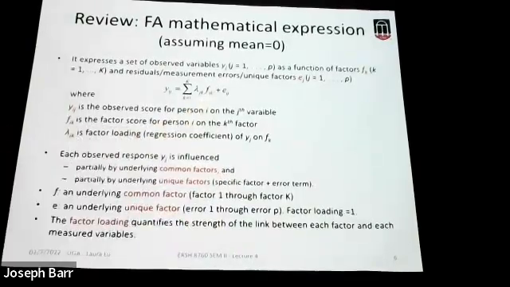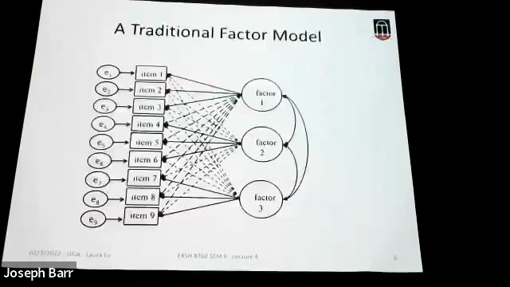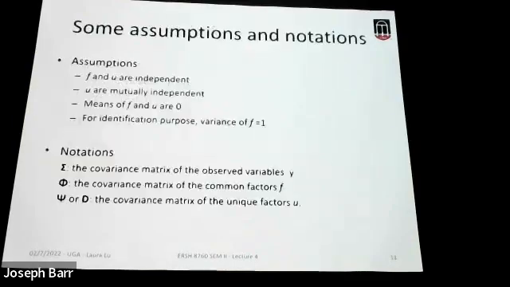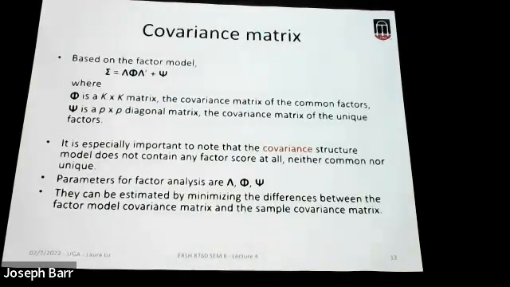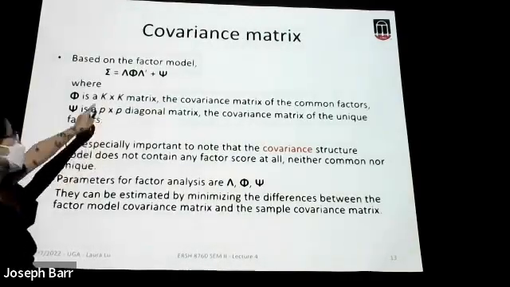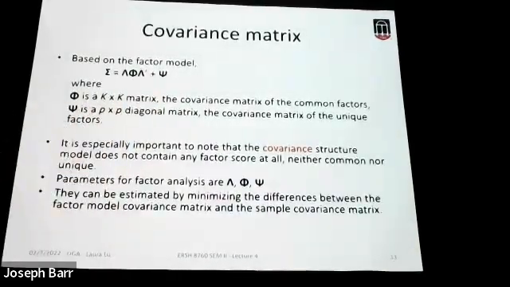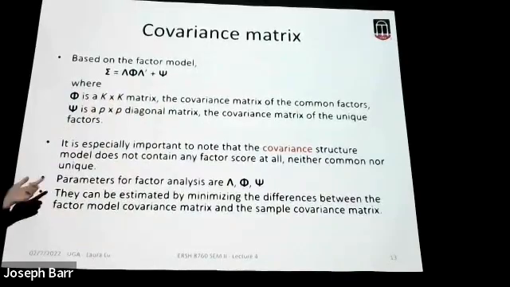And even in the matrix form, we have factors. But if you look at the covariance matrix, no factor score involved, no F. I don't care about the F's, okay? Neither common factors nor unique scores.